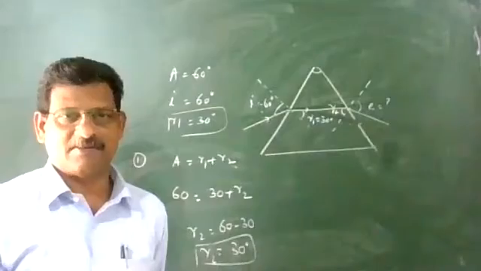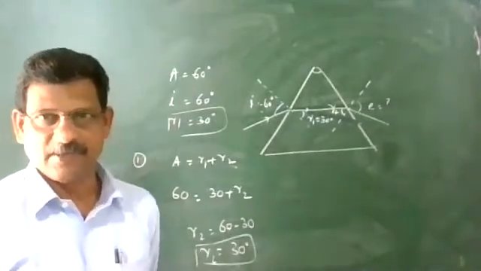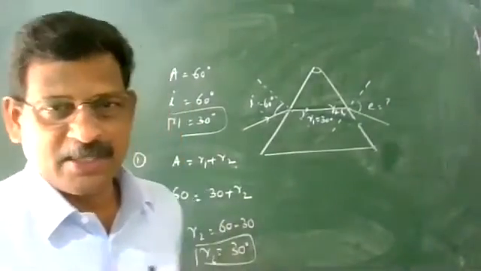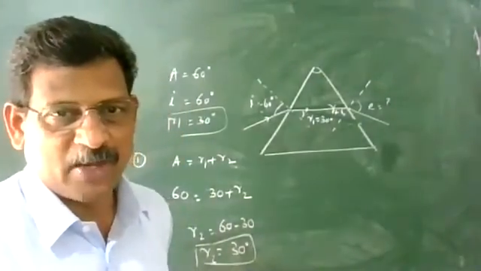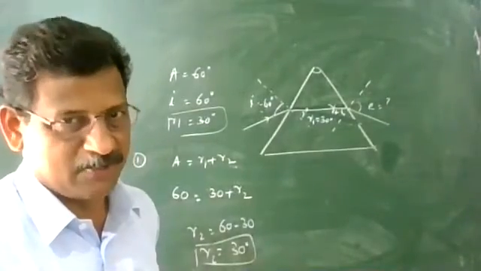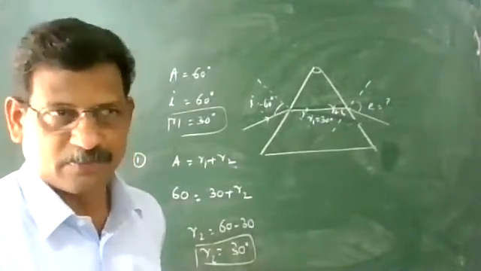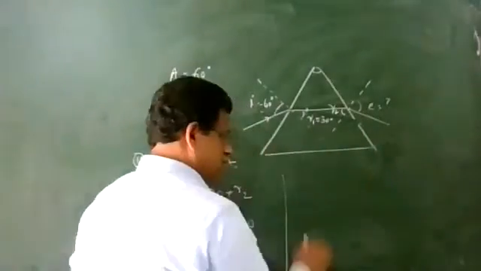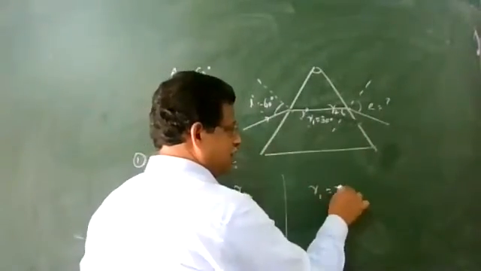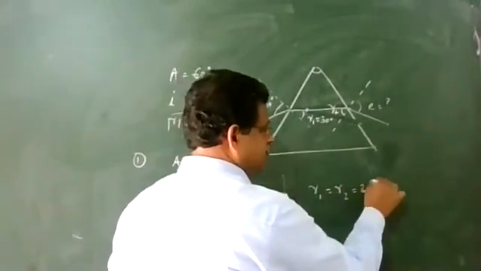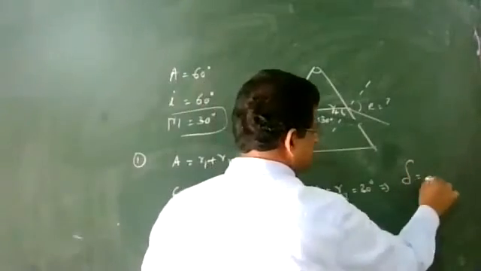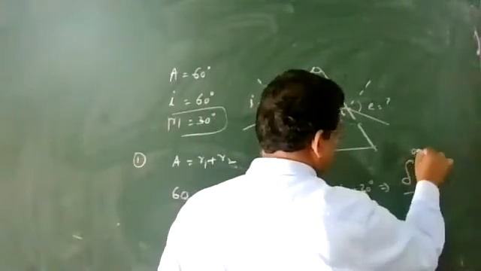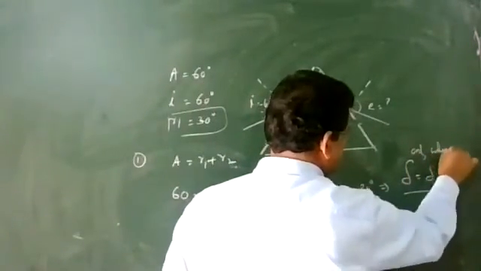R1 is 30 degree, R2 is 30 degree. Then you should get some striking point in your mind. R1 is equal to R2 only when minimum deviation is possible. That's the condition. So here R1 is equal to R2, both are equal to 30 degree, which means the deviation is minimum.